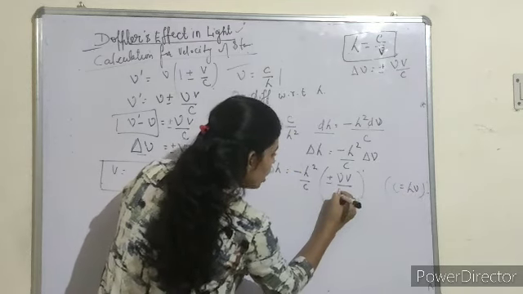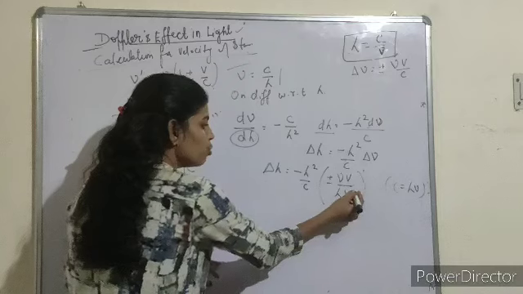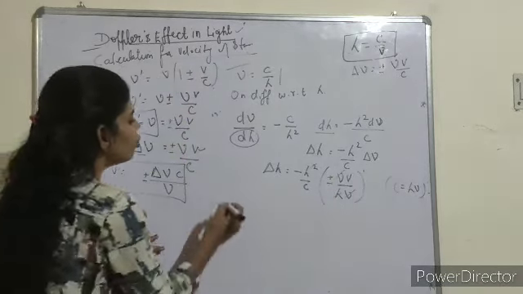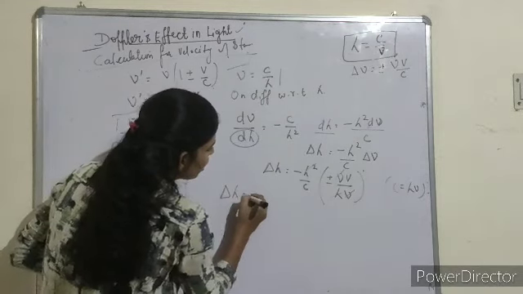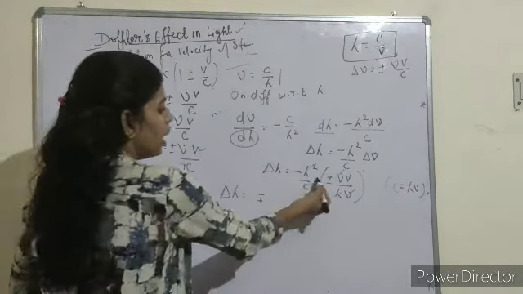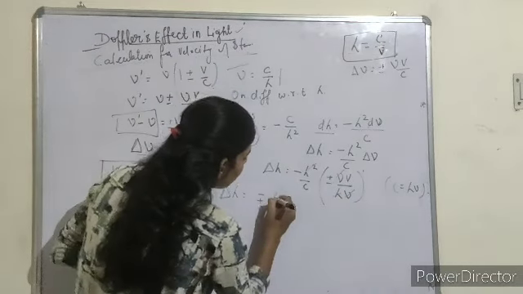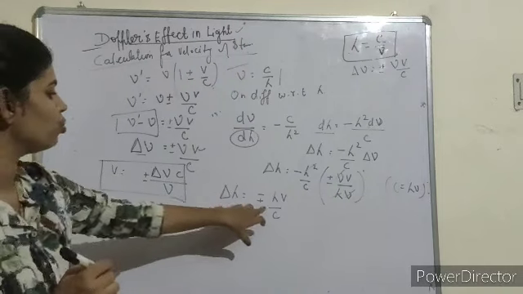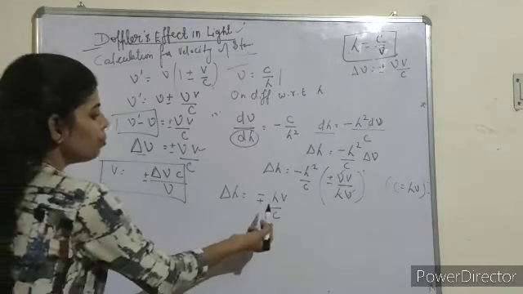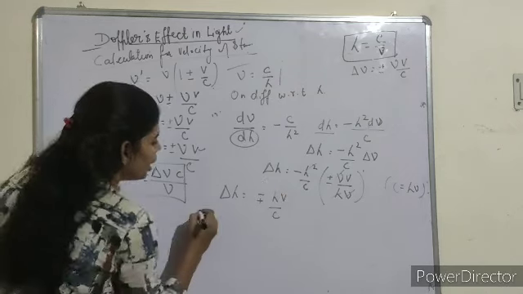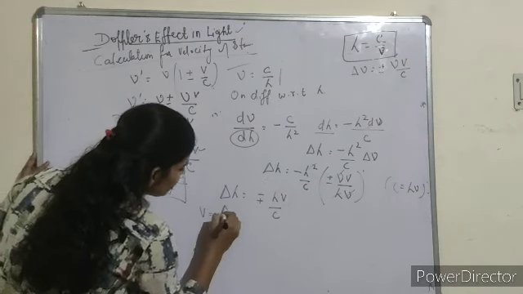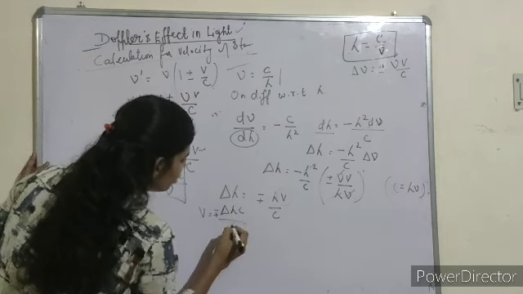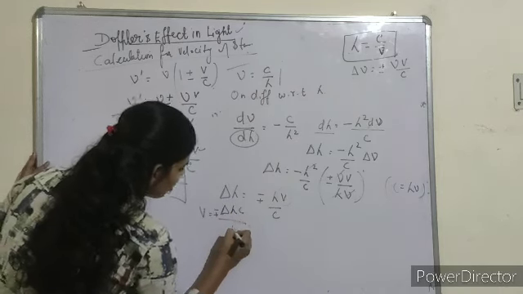Nu से nu आपका कैंसिल आउट हो जाएगा, lambda से 1 lambda कैंसिल आउट हो जाएगा and we would get delta lambda is equal to minus plus lambda v by c. This is equal to delta lambda. From here also you can find out the value of v. V would be equal to delta lambda c minus plus over lambda.